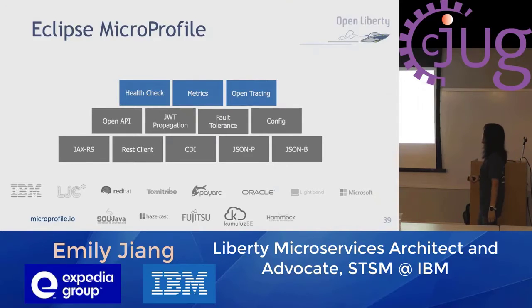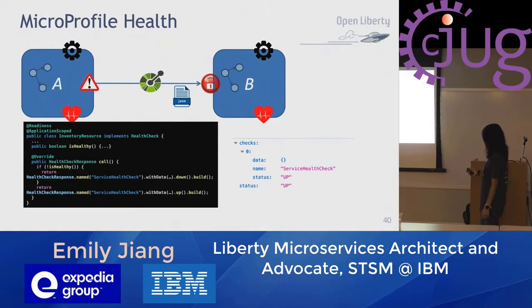So the first one is MicroProfile Health. This is basically for the microservice to be able to communicate with the cloud infrastructure, to see whether you are well or whether you are ready to serve any request. So here, you can directly annotate @Readiness, and then you will automatically get a /health/ready endpoint.